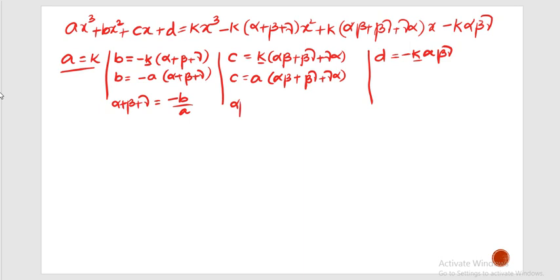So from this I can say alpha beta plus beta gamma plus gamma alpha is equal to c by a. Now here if you observe, d is equal to minus a into alpha beta gamma. So from this, alpha into beta into gamma is given by minus d divided by a.